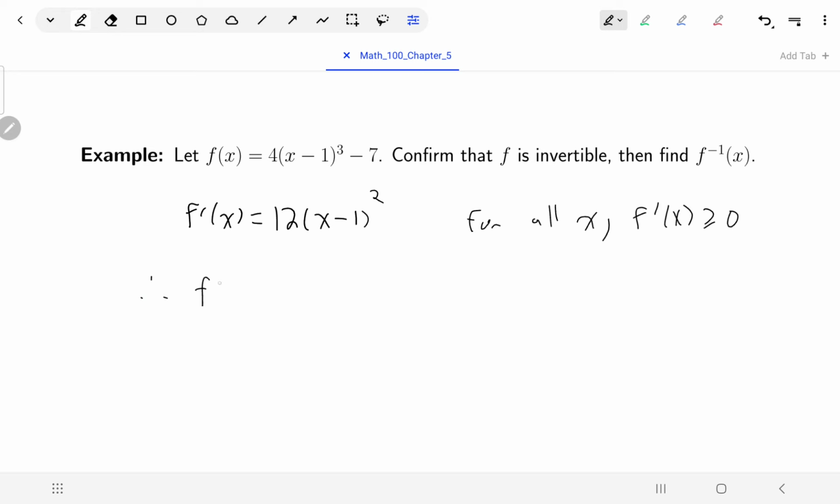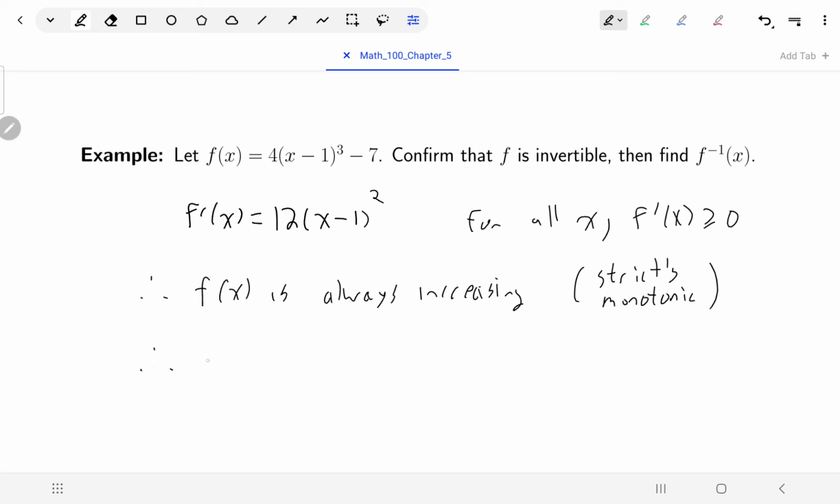So f of x, or our original function, is always increasing. In other words, it's strictly monotonic.